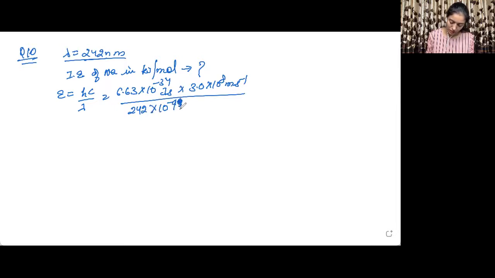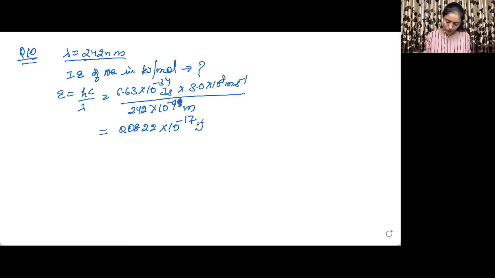So it will be equal to 6.63 multiplied by 3 divided by 242, which is 0.0822 into 10 raised to the power minus 17, because minus 9 in the denominator goes to the numerator, so plus 8 plus 9 is 17.